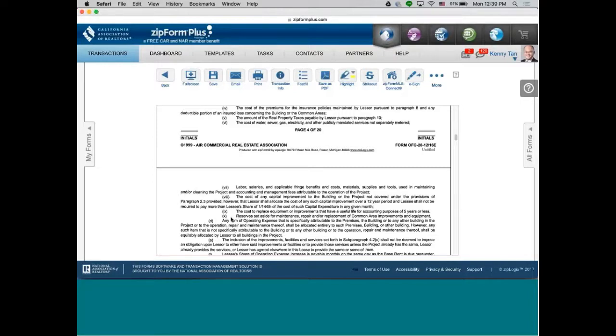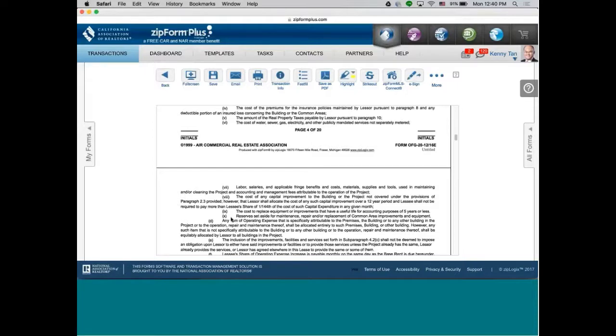And again, the only difference that we've seen between a net multi-tenant office lease and a modified gross multi-tenant office lease is in the base rent. In the case of a modified gross, the base rent includes the original operating expense. It does not include any operating expense increase.